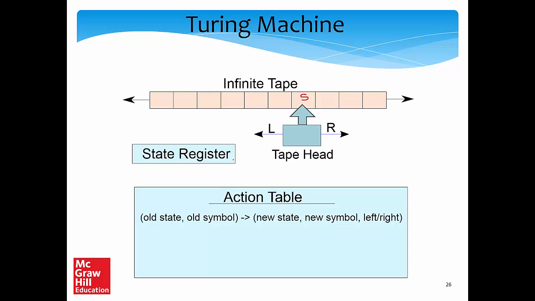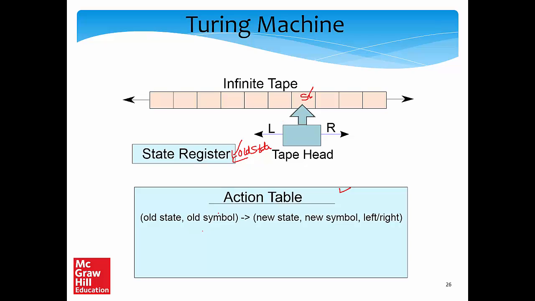There is an additional structure called a state register, which maintains the current state, and the current state is one among a finite set of possible states. The way a Turing machine works is encoded in the action table. We look at the old state, and at the symbol under the tape head.